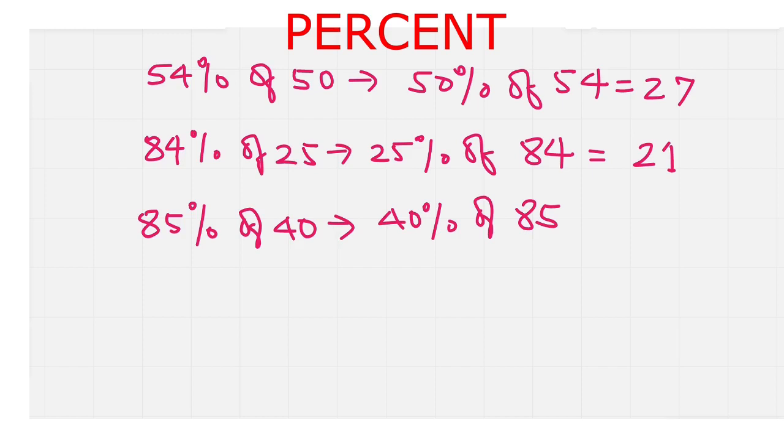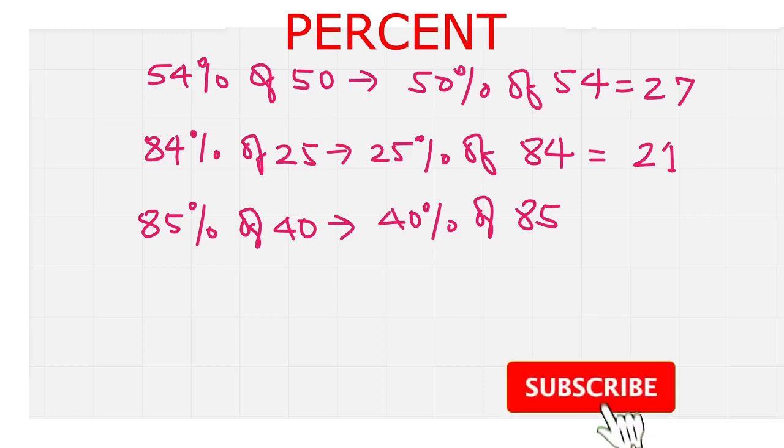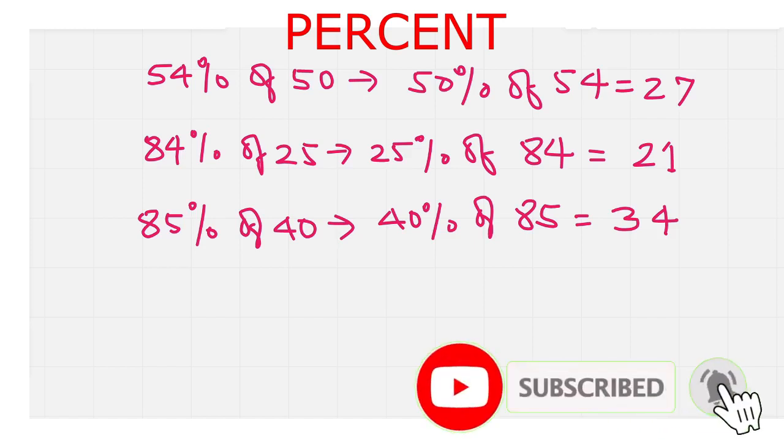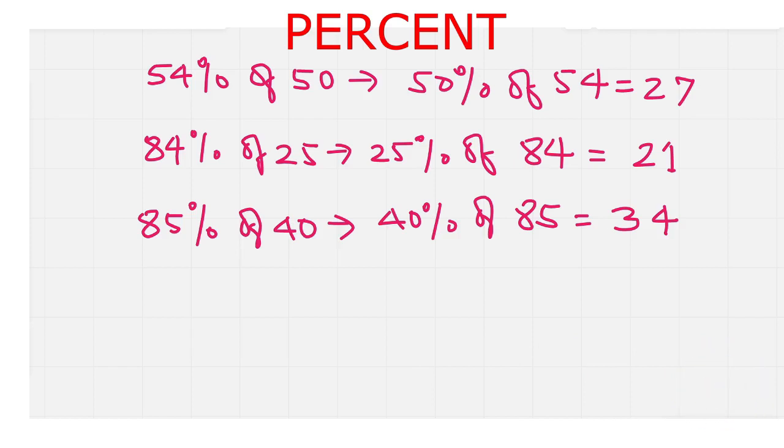But if we calculate 40% of 85, then it becomes very easy, as 40% is 2 upon 5, and 2 upon 5 of 85 we can calculate very fast. We divide 85 by 5, that is 17, and 2 times 17 is 34. This way we can calculate fast using this concept of x% of y is the same as y% of x.